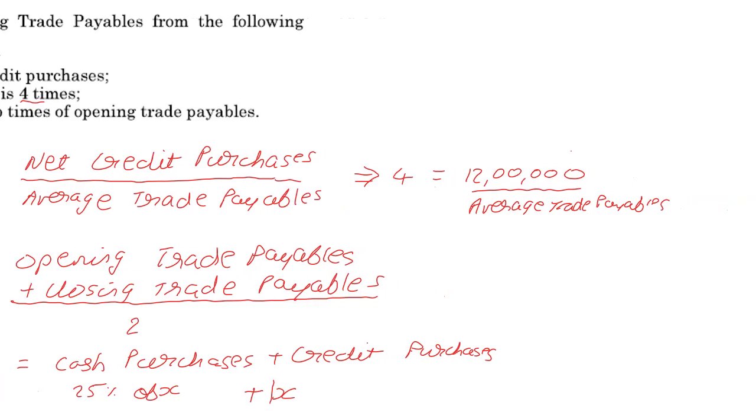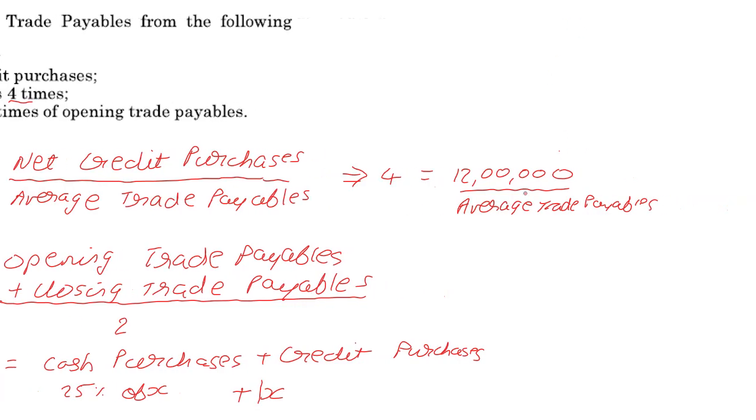And now I'm going to continue simplifying it over here. Average trade payables is division, goes upstairs, it becomes multiplication. 4 is multiplication, it goes down, it becomes division.